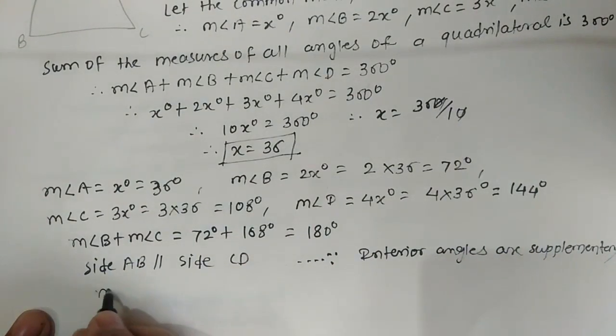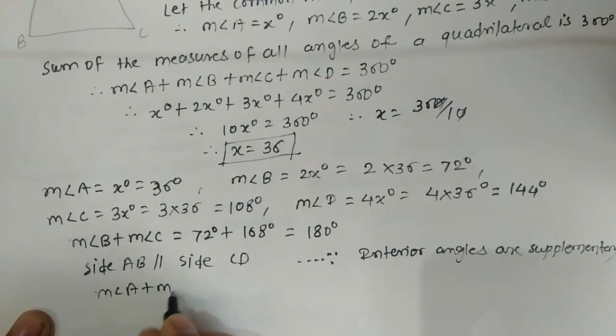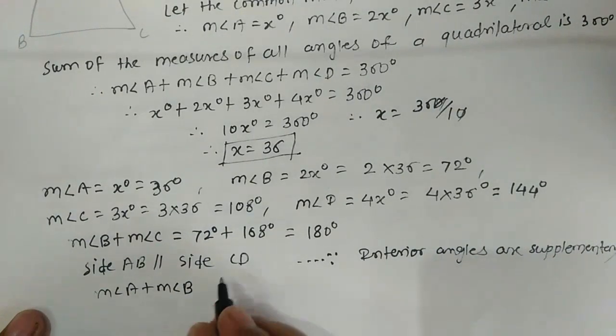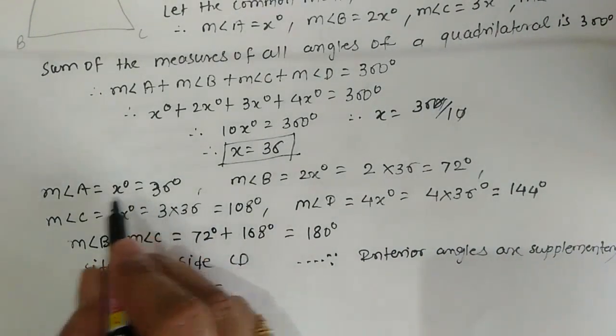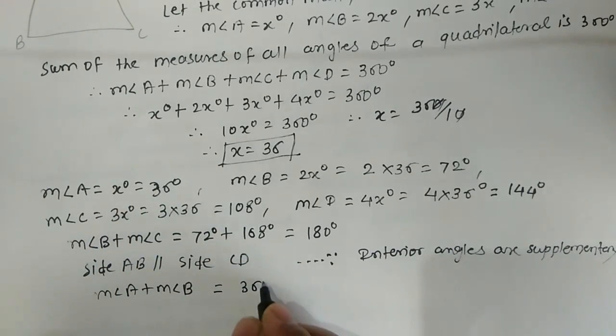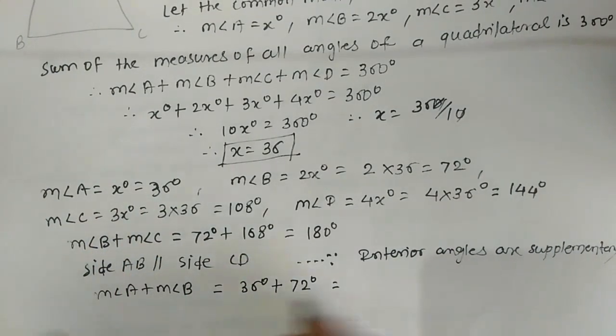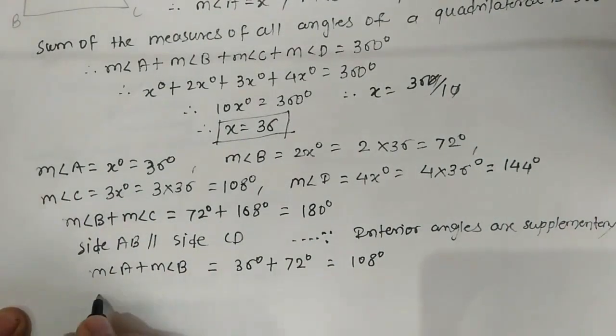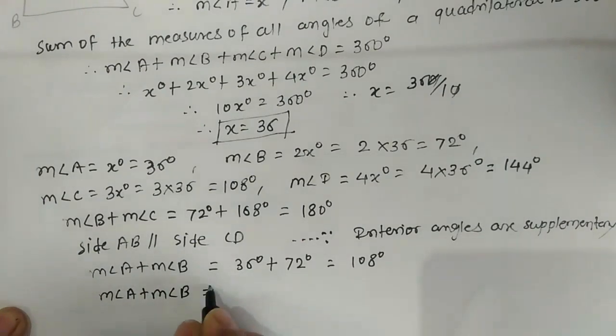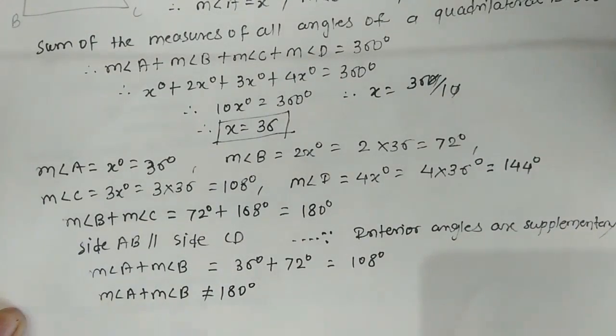Now see the measurement of angle A plus measurement of angle B is equal to 36 degrees plus 72 degrees, which is 108 degrees. So the measurement of angle A plus measurement of angle B is not equal to 180 degrees.